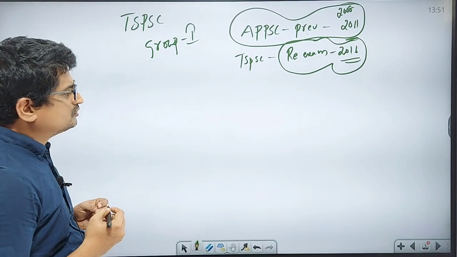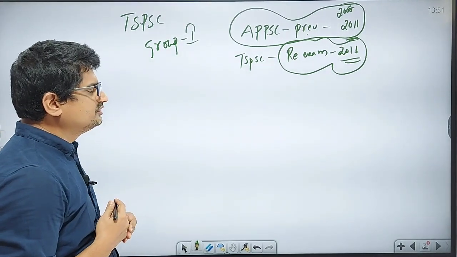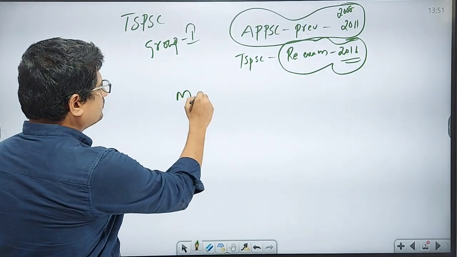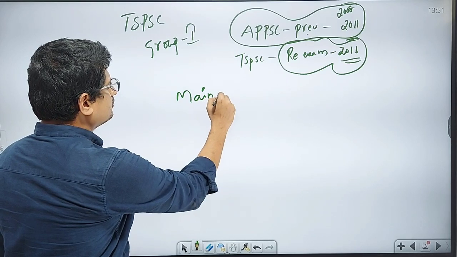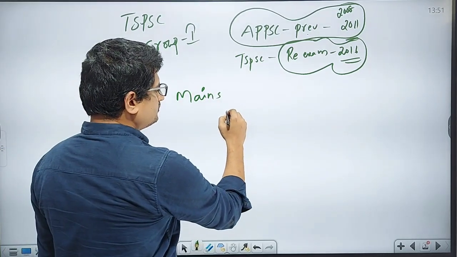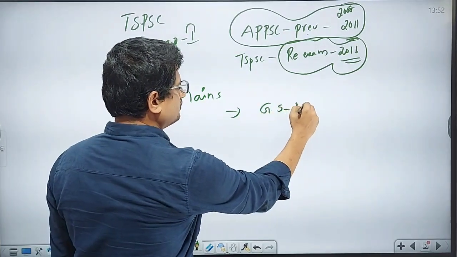Coming to our geography and the geography syllabus of TSPSC Group 1 mains. It is in the scoring paper, in General Studies Paper 1.